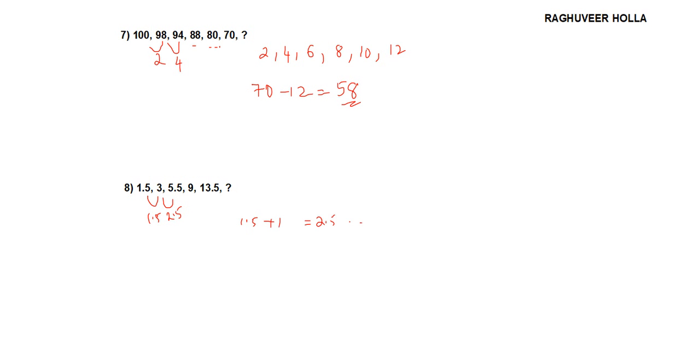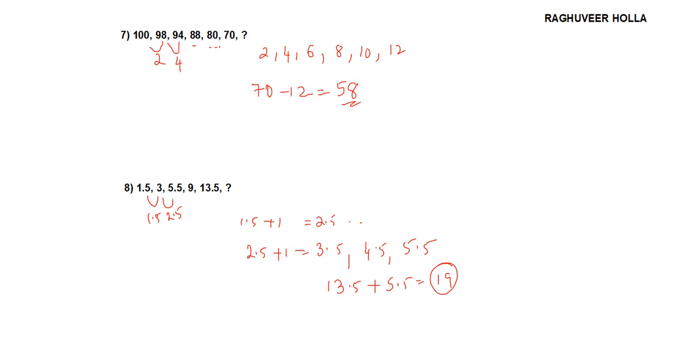So you get 2.5, and this should be plus 1, so you get 3.5 and so on. So we get that sequence as 3.5, 4.5, and the next term should be 5.5. So we have to add 13.5 with 5.5, which results to 19. So 19 is the answer.